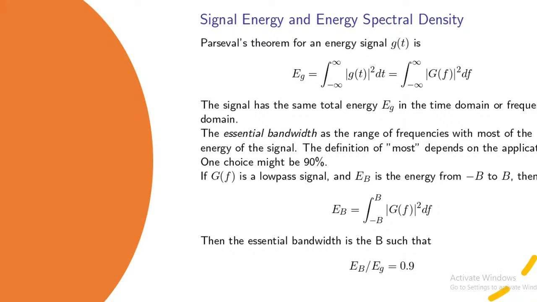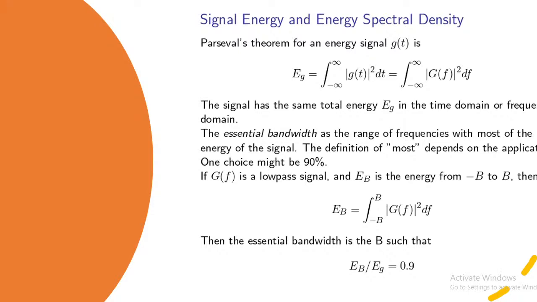So, Parseval's theorem for an energy signal g(t). Suppose you take an energy signal g(t). Then, based on Parseval's theorem, the total energy in the signal, Eg, will be equal to the integration from minus infinity to infinity of absolute g(t) squared dt in the time domain.